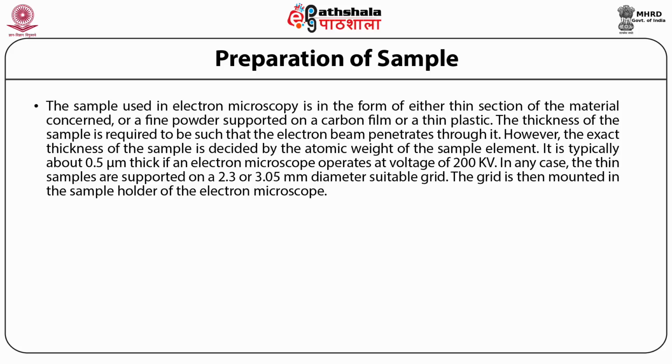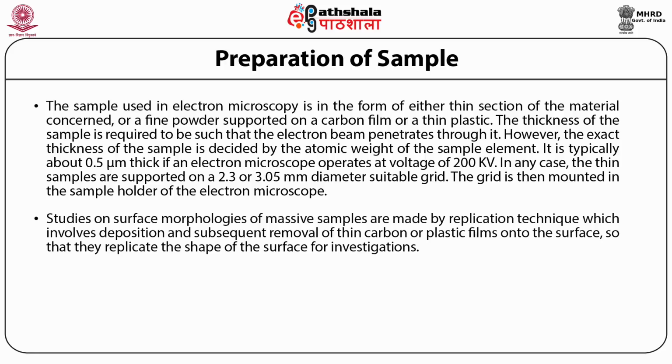In any case, the thin samples are supported on a 2.3 or 3.05 millimeter diameter suitable grid. The grid is then mounted in the sample holder of the electron microscope.